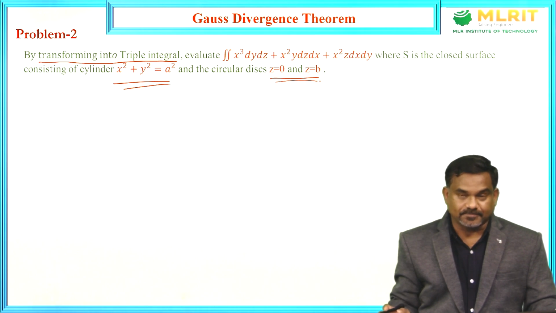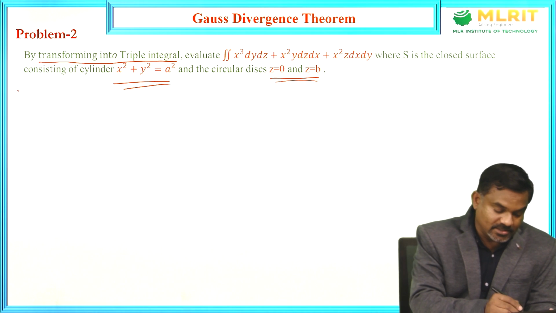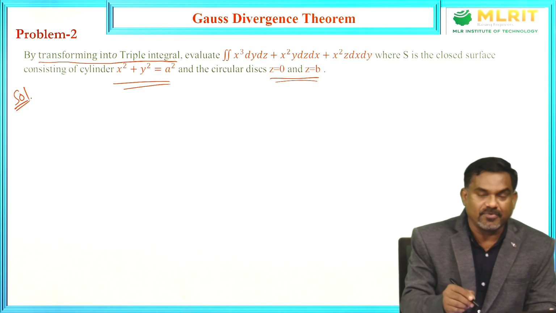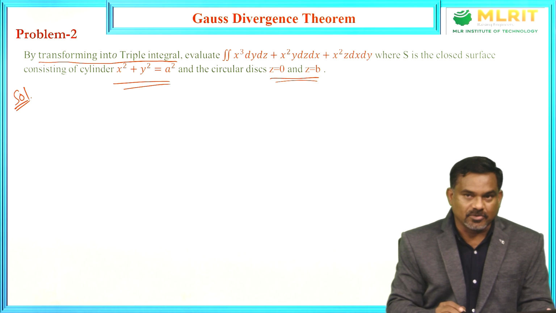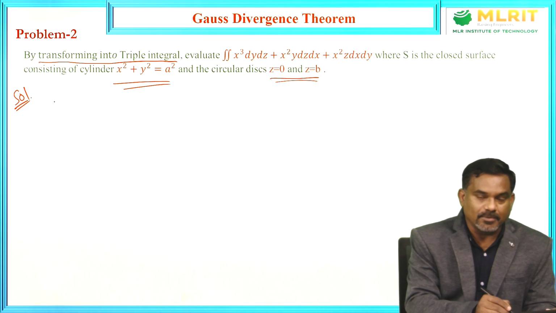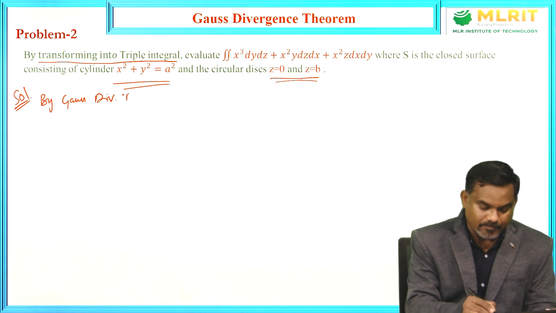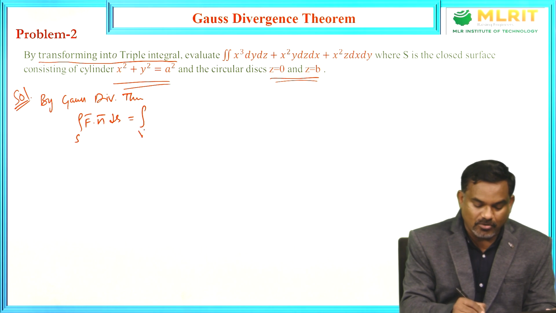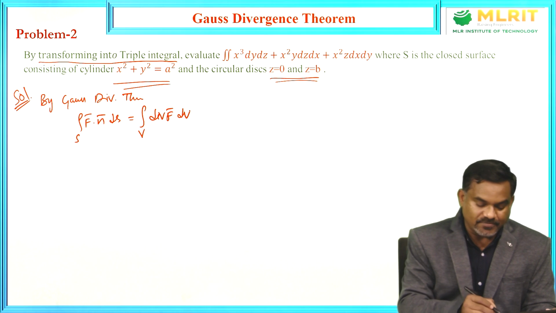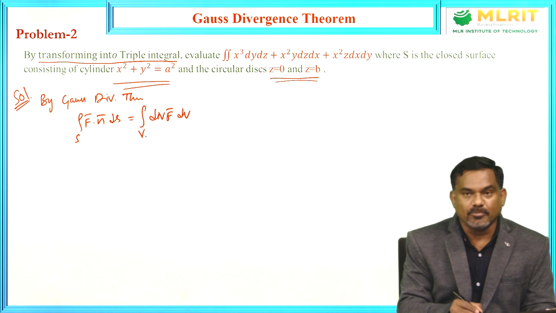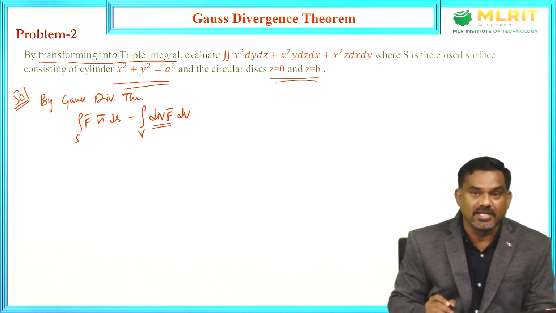So here we need to evaluate this surface integral by transforming it into a triple integral, which means we use the Gauss Divergence Theorem. By Gauss Divergence Theorem, the surface integral of f bar dot n bar dS is equal to the volume integral of div f bar dV. So to transform a surface integral to a volume integral, first we need to calculate div f bar.